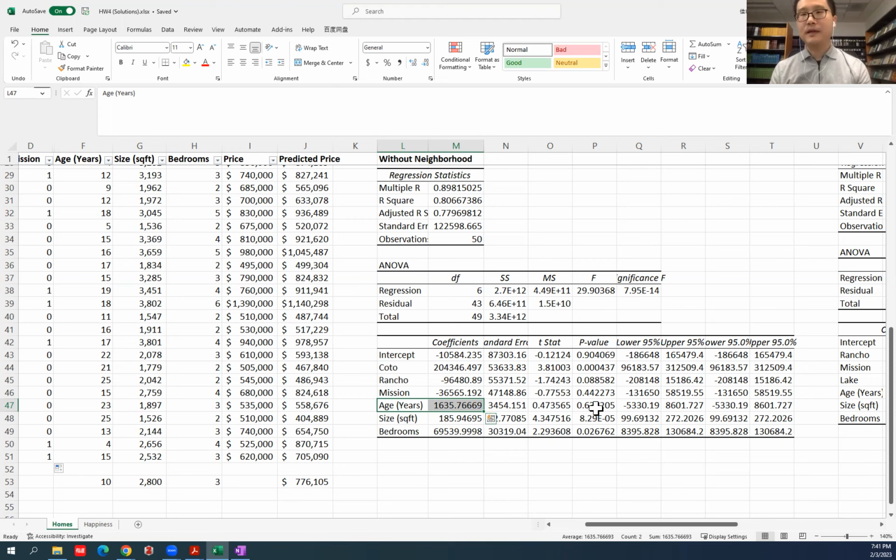We notice that the p-value for age in this model is 0.63. A conventional threshold for a significant variable is 0.05. It's much larger than that. It's above 0.05. So we call that a non-significant predictor.